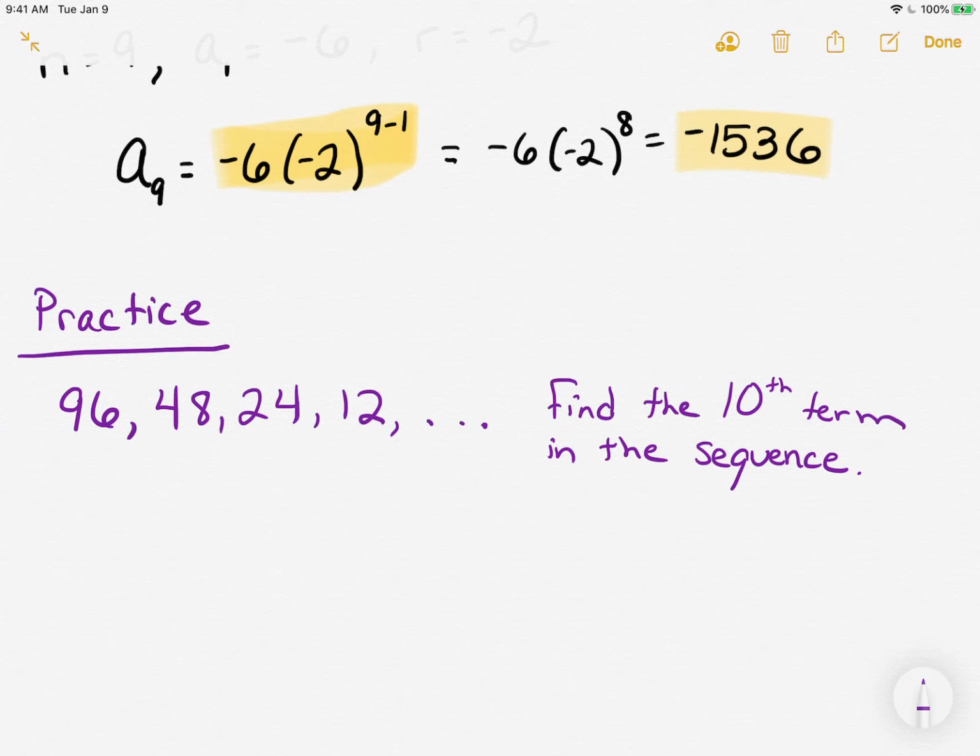Let's do this last problem, and then I'll give you a giant pile of practice.